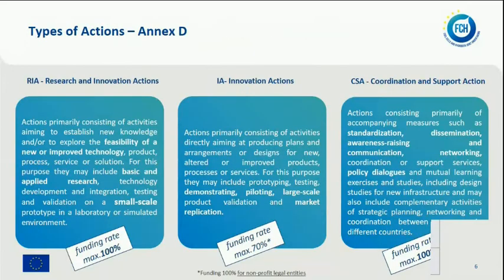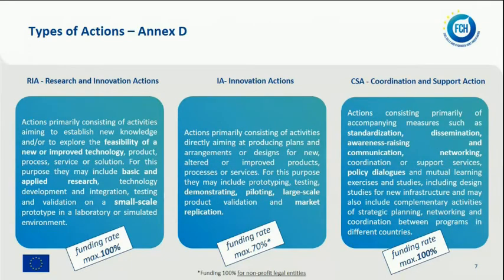I go now to the different types of actions. Research and innovation action is closer to research, in the sense that it will explore the feasibility of new products and new technology. It includes basic and applied science, and it could include small-scale prototyping. In this type of action, the funding provided covers 100% of the cost.